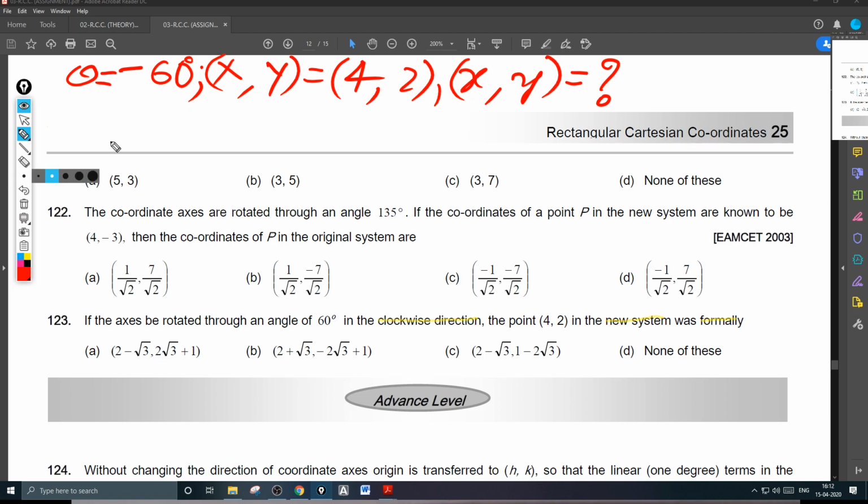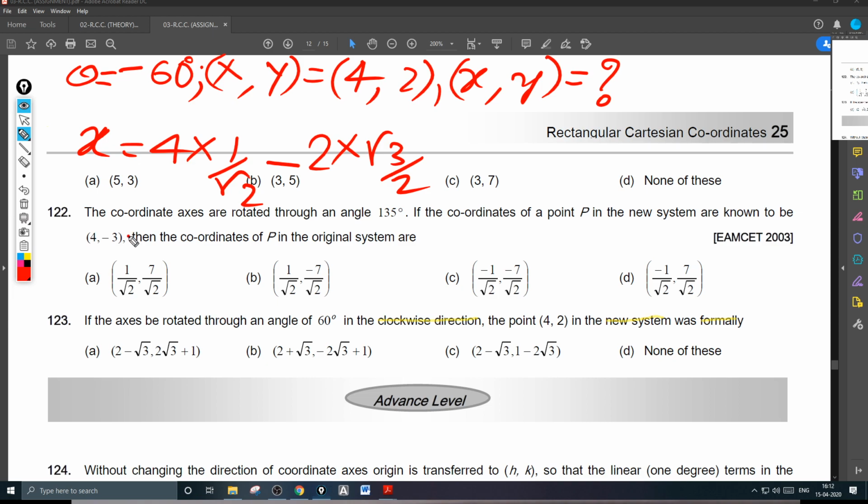So small x is X cos theta, cos of minus 60, minus Y sin theta.